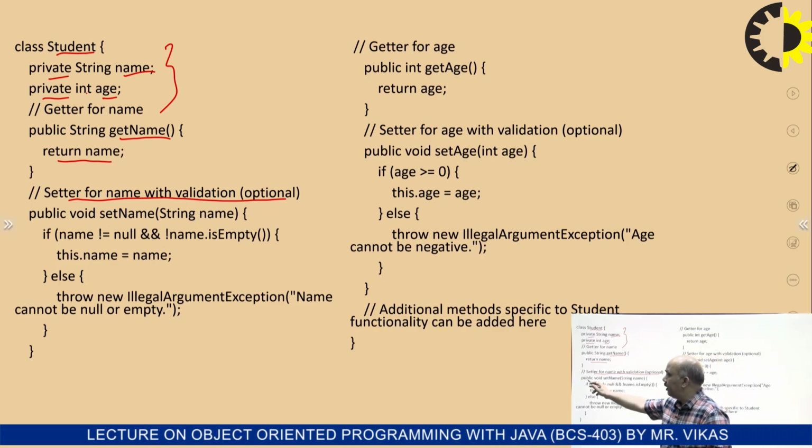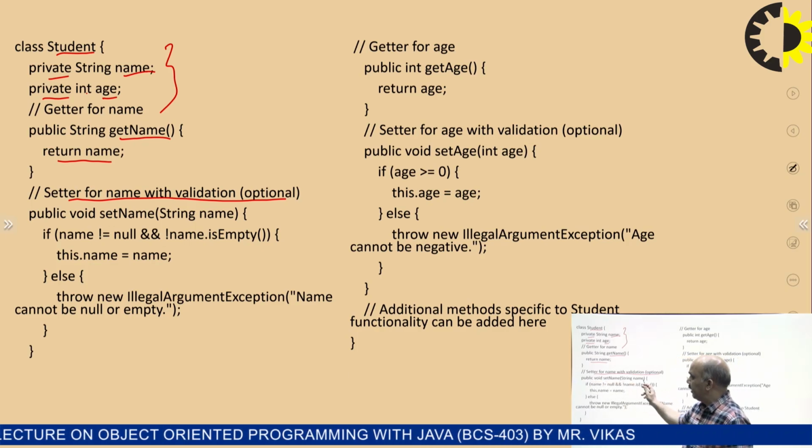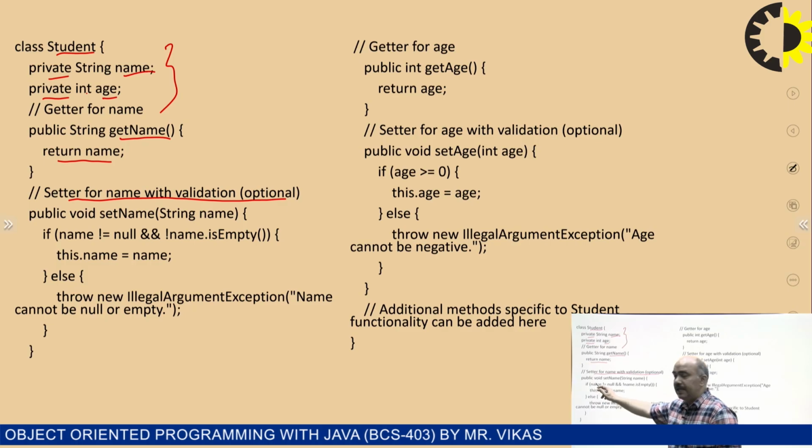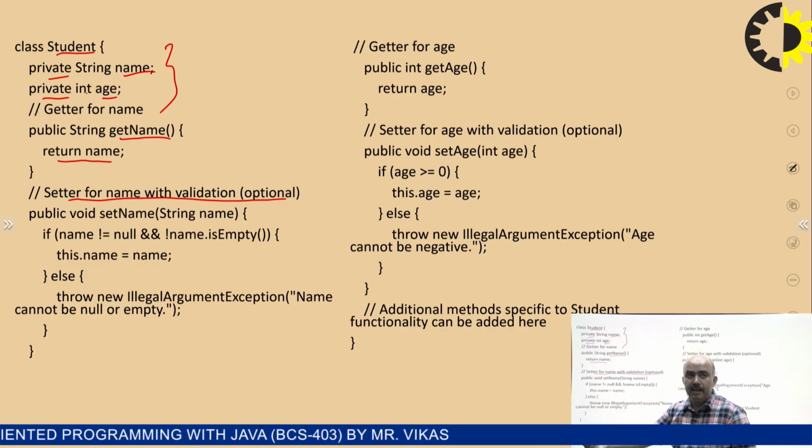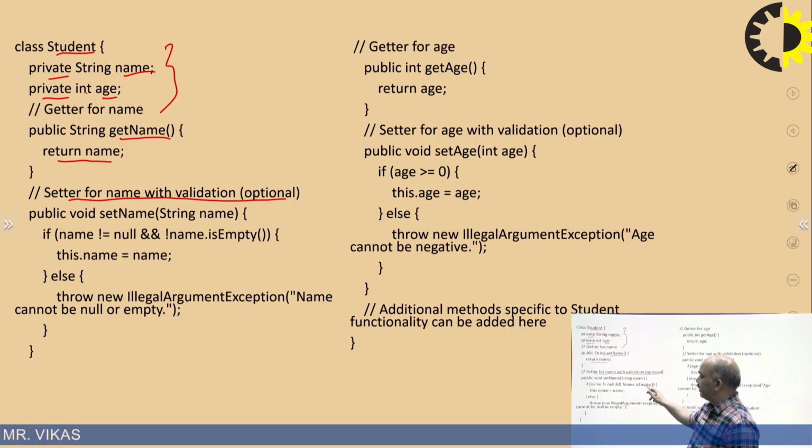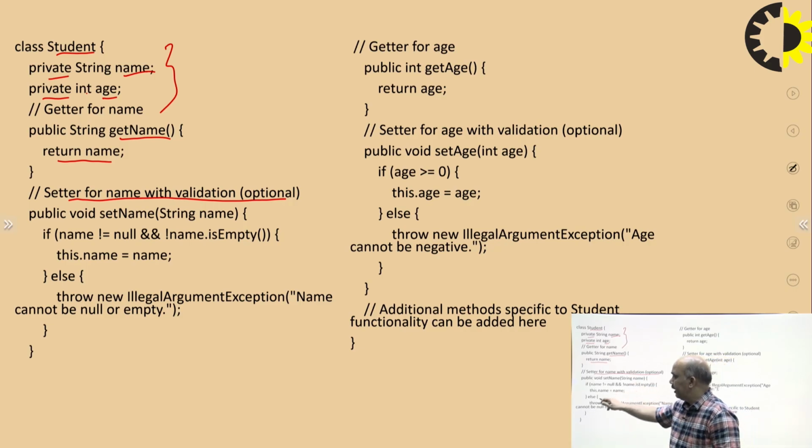So we provide a public void setName(String name). We check whether the string is empty or not: if name is not equal to null and name is not empty, then set it, else we throw an exception saying name cannot be null or empty.